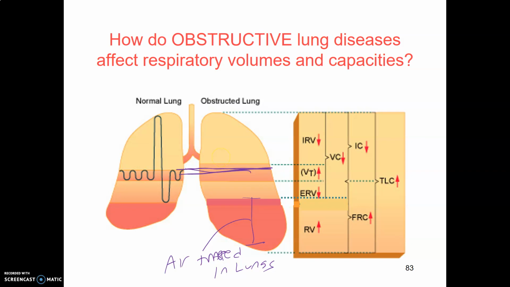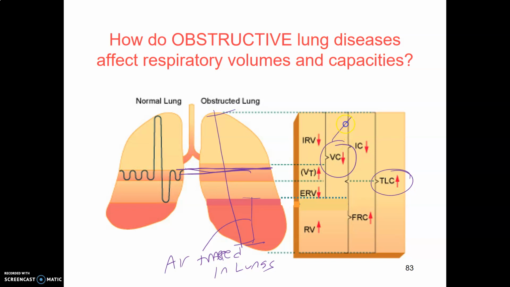All right. Last thing, why does TLC increase? TLC will increase because, look, your total amount of air that you can fit in your lungs is obviously much bigger. But in this instance, is that a good thing? No, not a good thing. A lot of people wonder, why does vital capacity decrease?